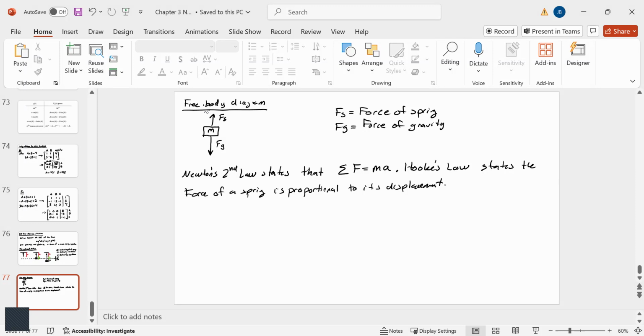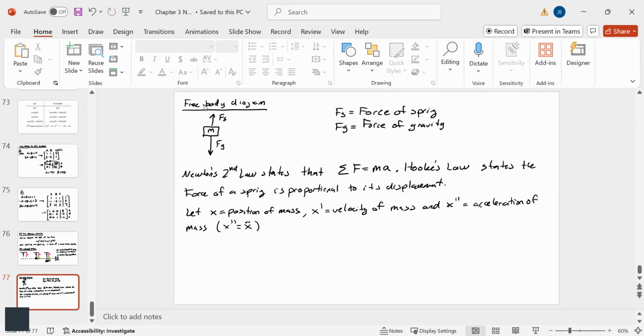So let x be equal to the position of the mass, x prime be equal to the velocity of the mass, and x double prime be equal to the acceleration. Now, some textbooks, especially physics textbooks, will say x double prime is equal to x double dot. So you might see a dot notation. That just means your time derivative, really. But I'm going to use the prime notation here.